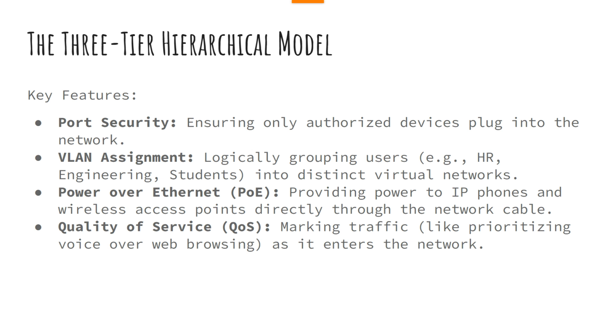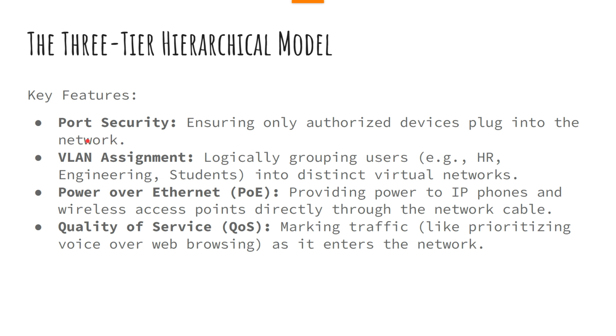So let us see what are the key features that are implemented at the access layer. The first is port security, ensuring only authorized devices plug into the network. Let's take an example. Suppose somebody tries to shift a computer from IT Lab 6 into IT Lab 2.